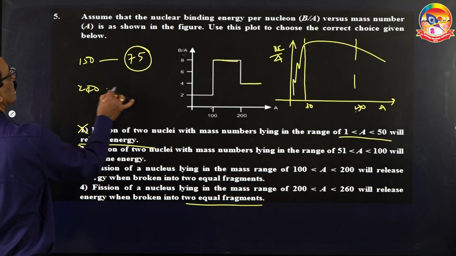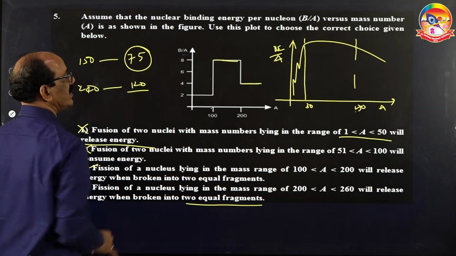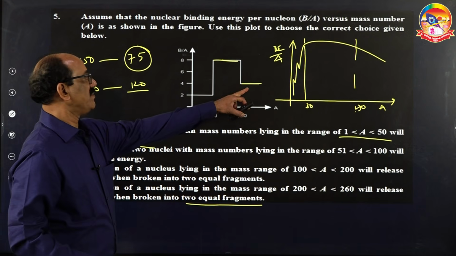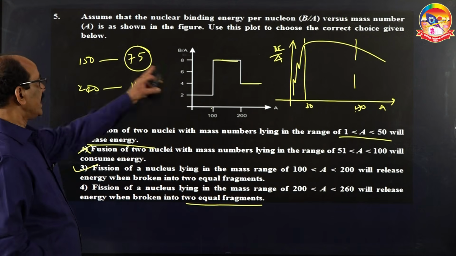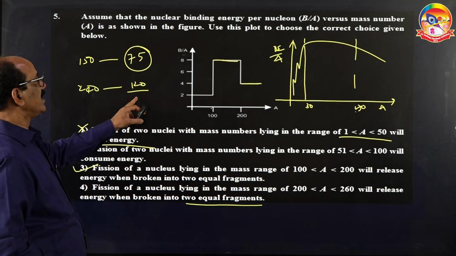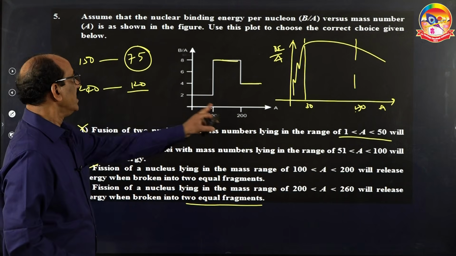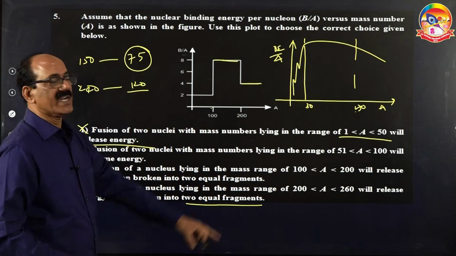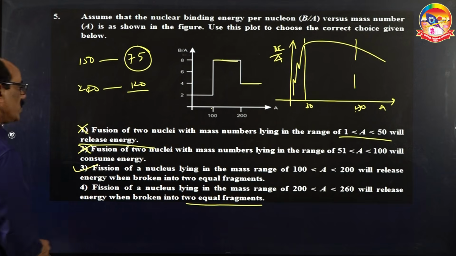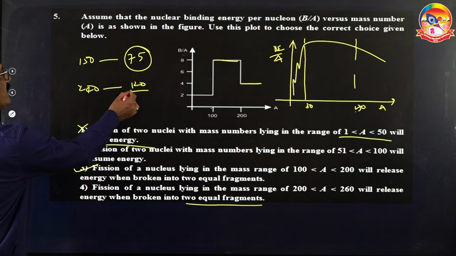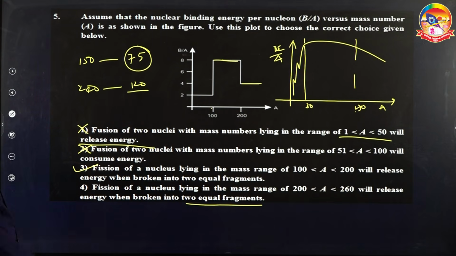If 240 splits to give two nuclei with mass number 120, here the average binding energy is 4 million electron volt and that is giving out two nuclei with average binding energy of 8 million electron volt. Therefore there is no release of energy when broken into two equal fragments.